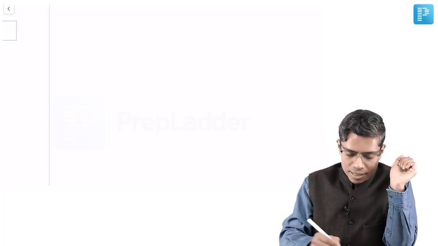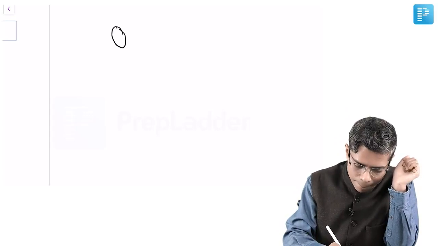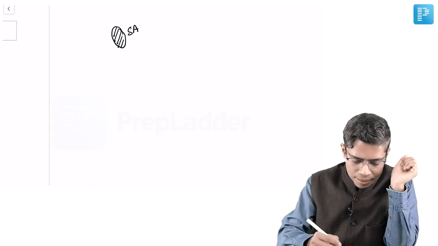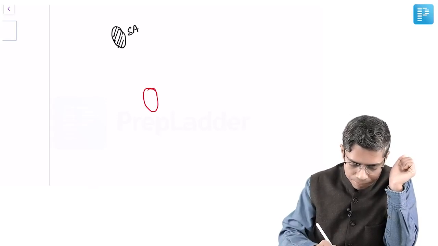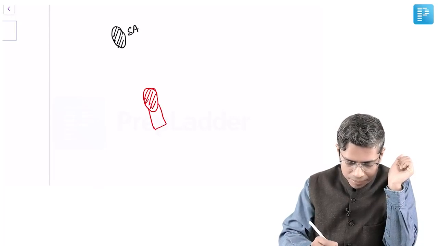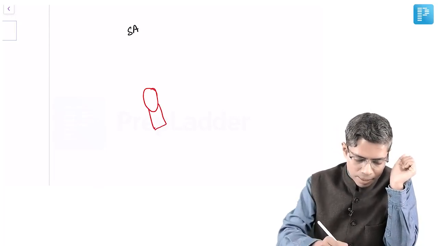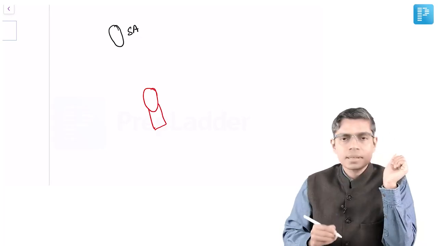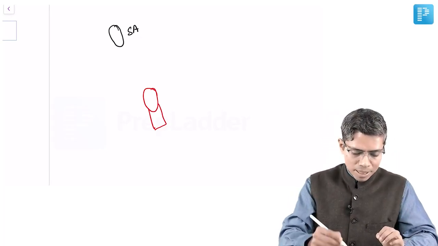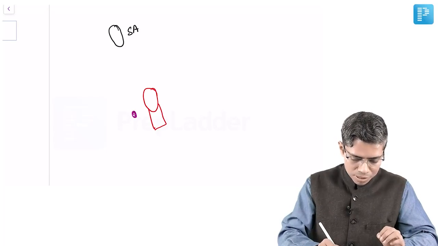node. Suppose this is your SA node, and this is your AV node. After the AV node, we know there will be the bundle of His, right? So SA node, AV node, and bundle of His I have made. In case of His bundle electrogram, you have to place your lead close to this AV node.